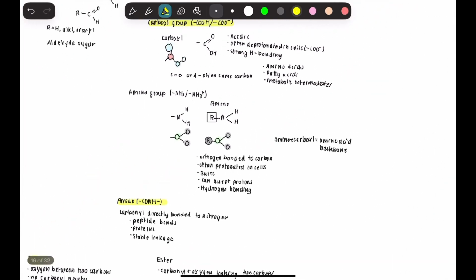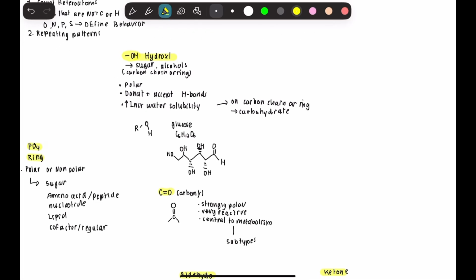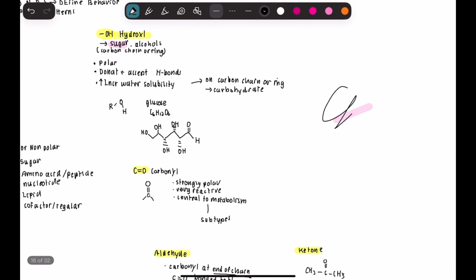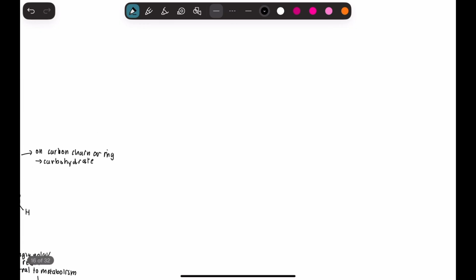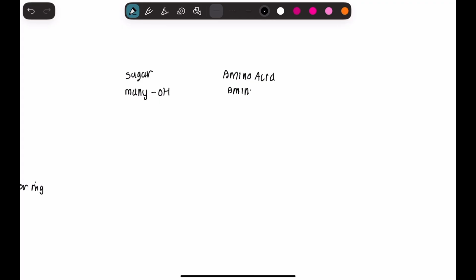So again, let's review this. Hydroxyl means you have many OH. That means you probably have a sugar. Okay, let's just write this here. Sugar means many OH. Amino acid means amino plus carboxyl.